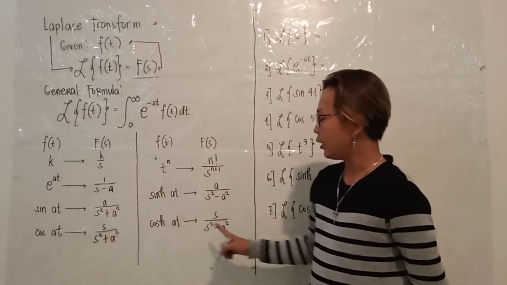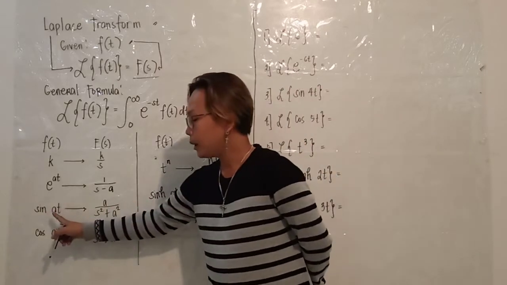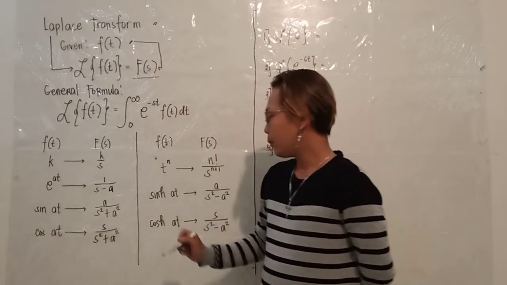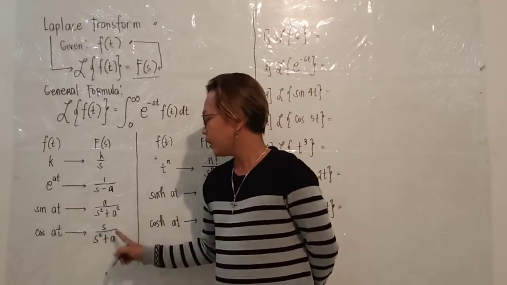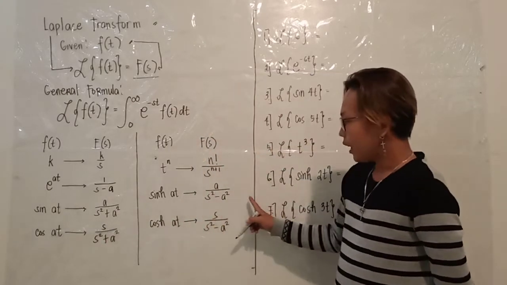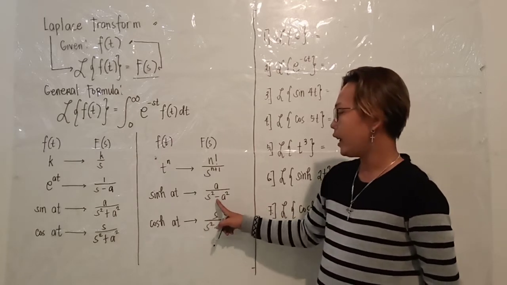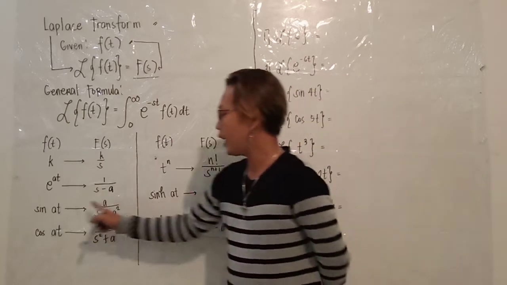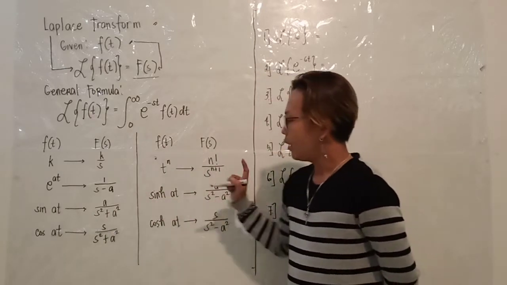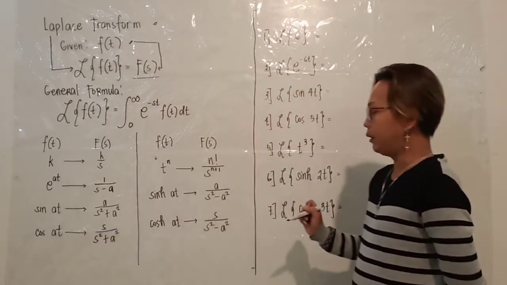Pagdating sa cosine, you will have s. The difference between trigonometric and hyperbolic, kapag trigonometric, the sign in between s squared and a squared is plus. Kapag hyperbolic, the sign between s squared and a squared is minus. Kapag sine, you will have a. Kapag cosine, you will have s.